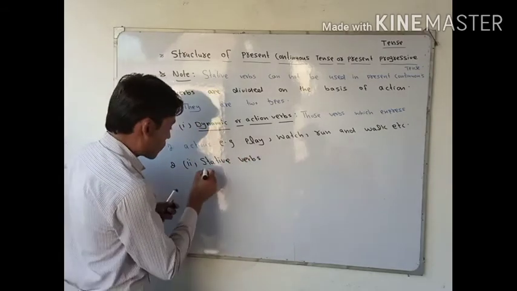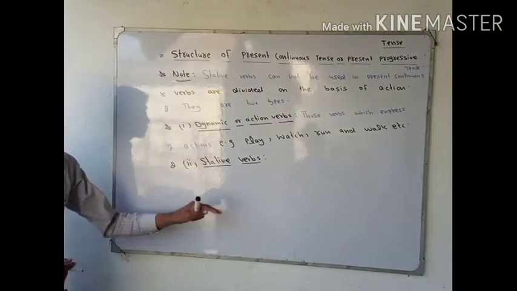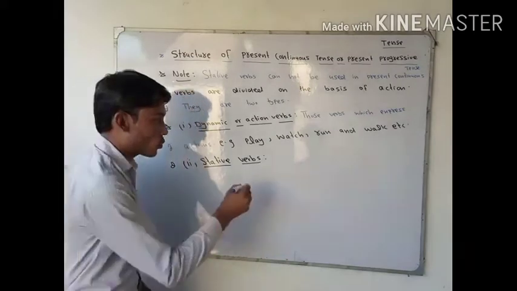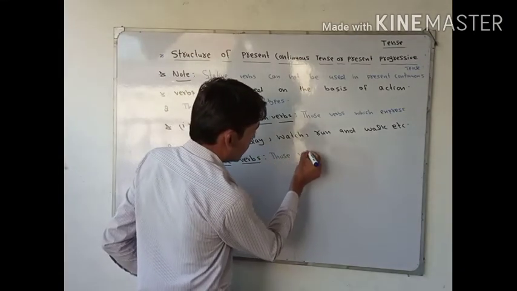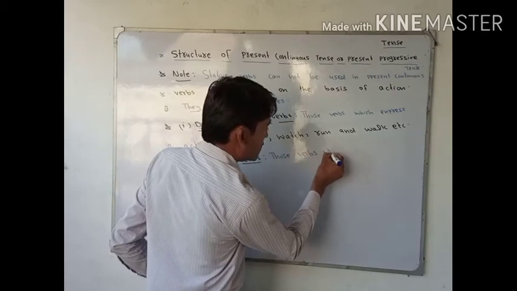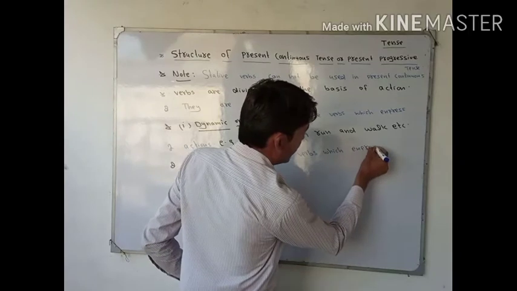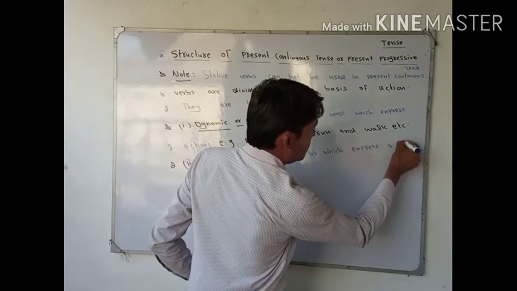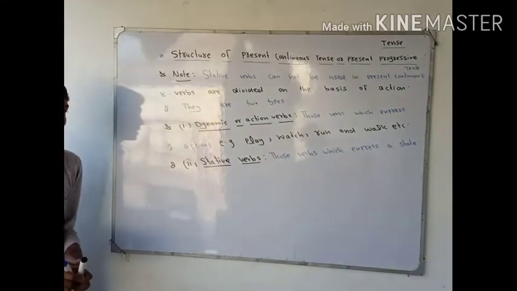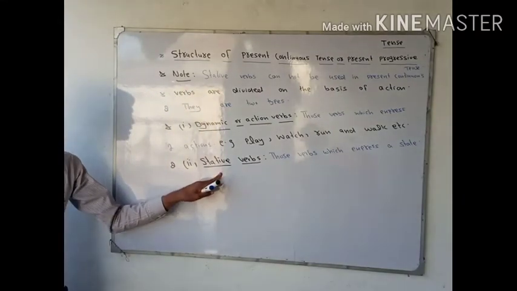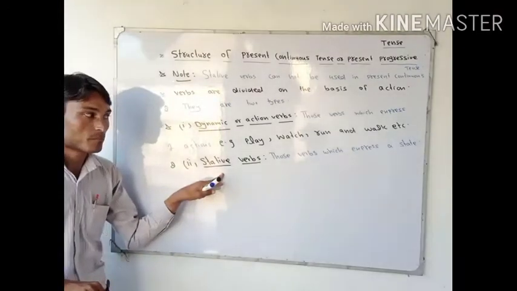Stative verbs are those verbs which express a state. State simply means condition. Or simply we can also say stative verbs are those which do not express action.